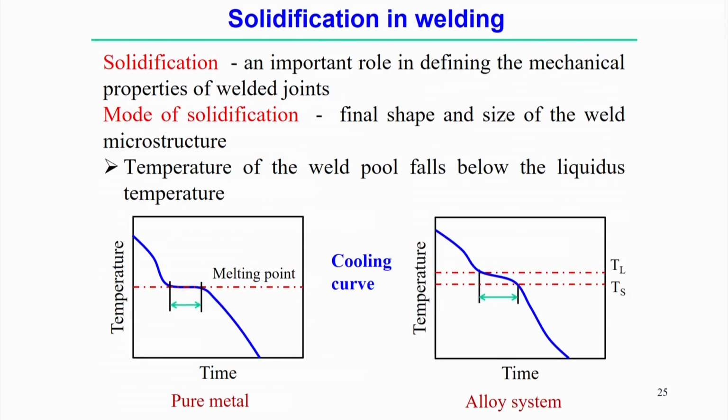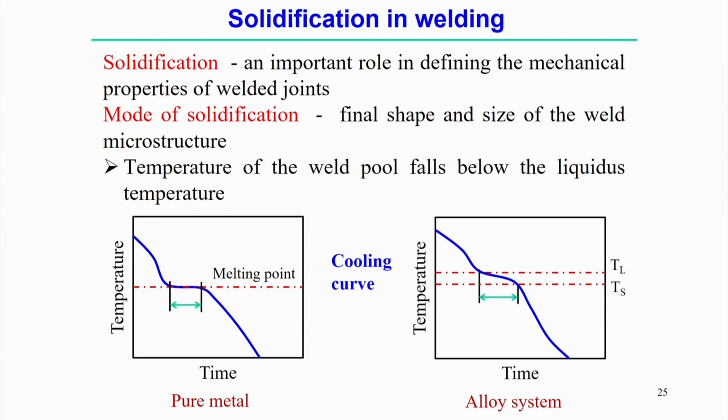Now, we come to one significant and important part, that is solidification in the welding process. The molten pool comes in contact with some cooling medium, in most cases the open atmosphere, or sometimes a shielding gas, or sometimes it can be done in a closed chamber also. Anyway, some kind of cooling medium exists.